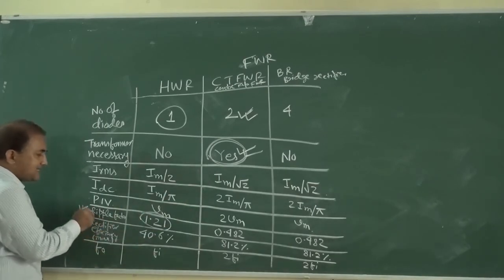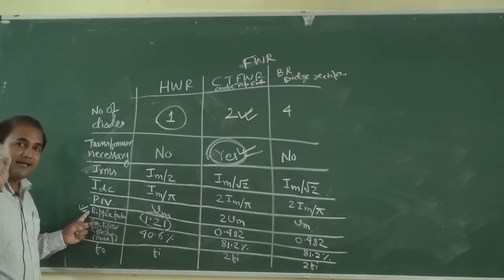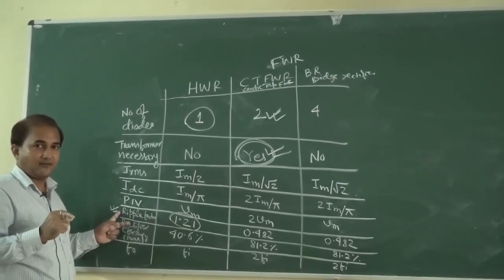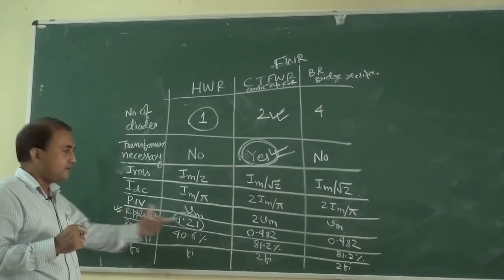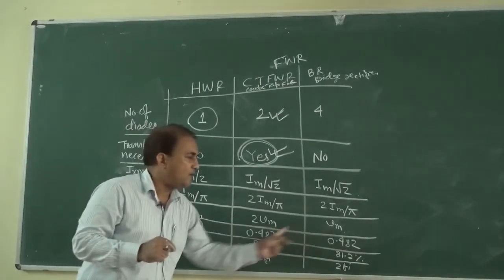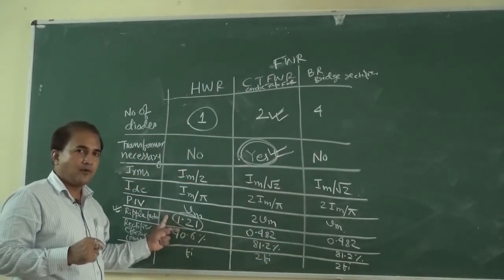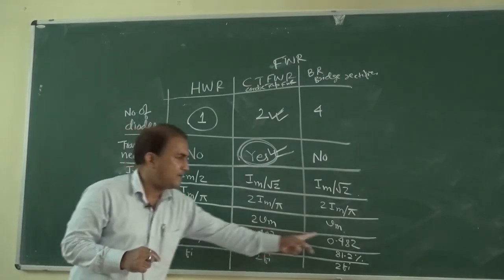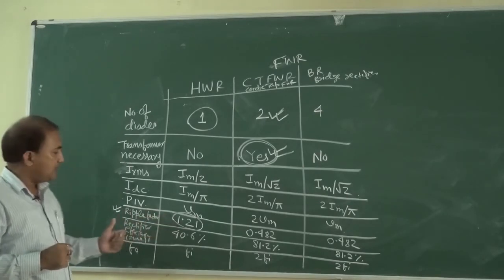So we can see that in half wave rectifier circuit, the AC components in the output are more as compared to full wave rectifier circuit. That is why the ripple factor is more.